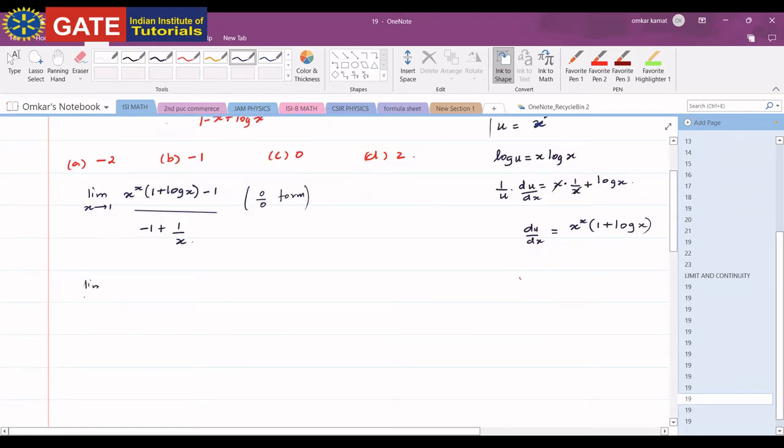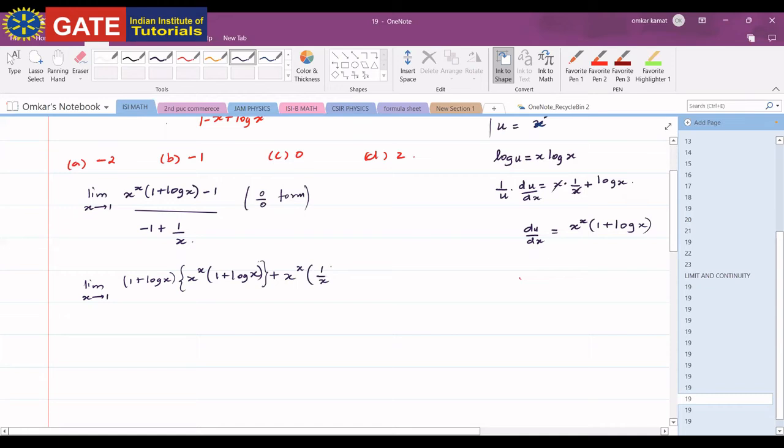So limit as x tends to 1, x to the power x differentiation is x to the power x (1 plus log x), times 1 plus log x as it is, plus x to the power x as it is, differentiation of 1 plus log x is 1 by x.